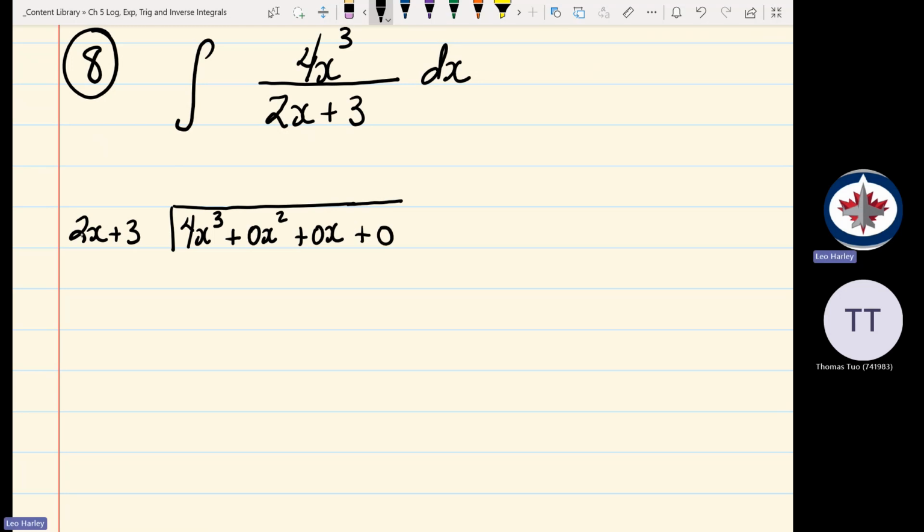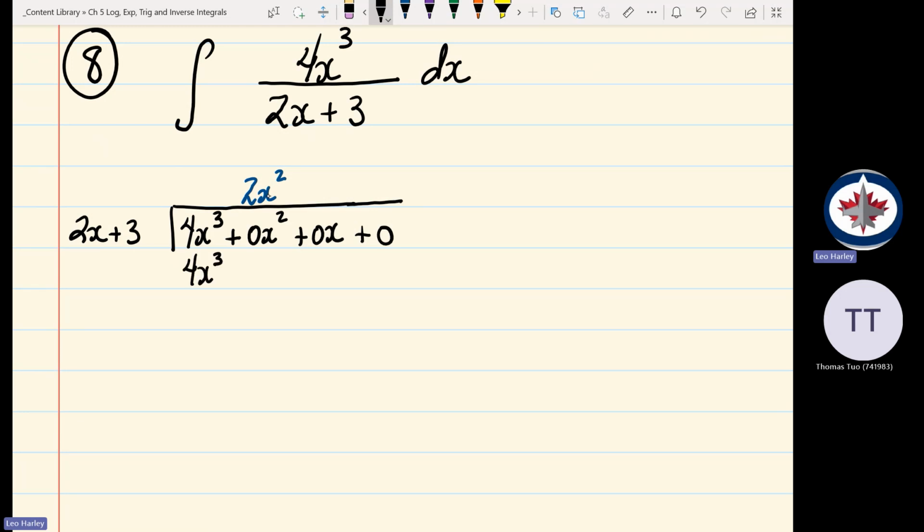What do you do to 2x to create 4x cubed? 2x squared. So that's what you write up here. You're going to multiply by 2x squared and make sure it goes in the column. Remember, columns are up and down. That's where the x squareds live. And now when you rewrite this, 2x squared times 2x gives us 4x cubed.